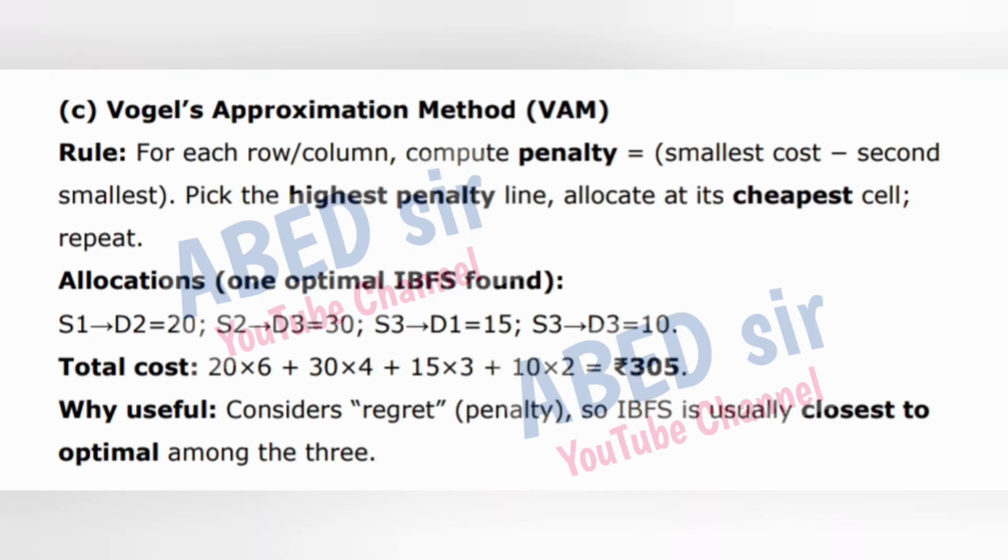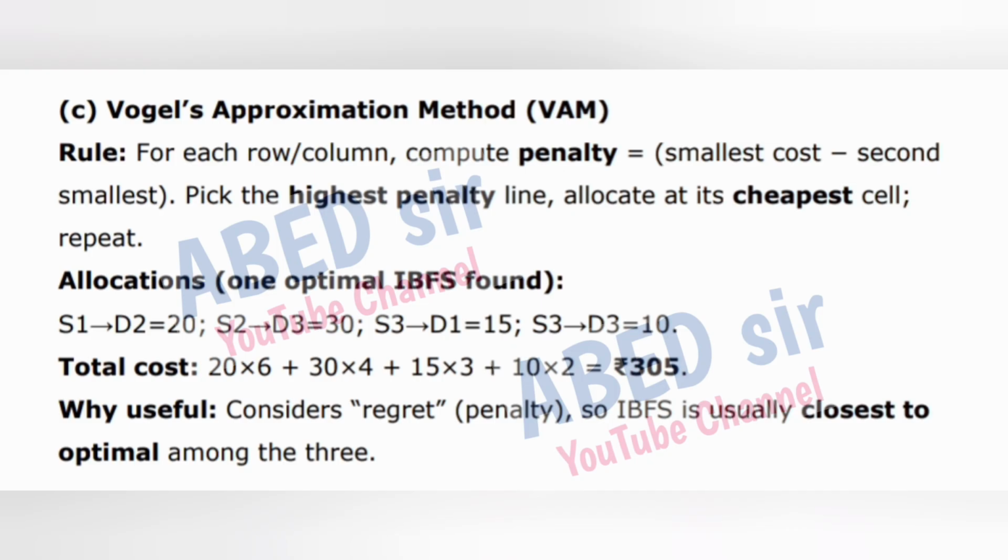C. Vogel's approximation method. Rule: for each row and column, compute penalty is equal to smallest cost minus second smallest. Pick the highest penalty line, allocate at its cheapest cell, repeat. Optimal IBFS found.